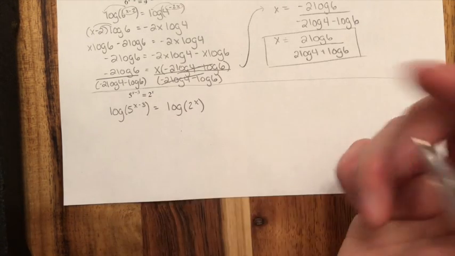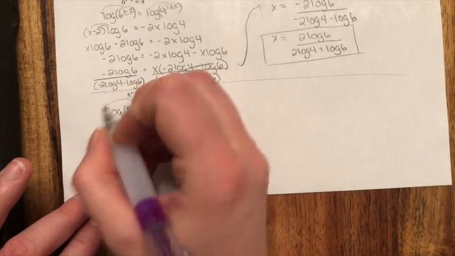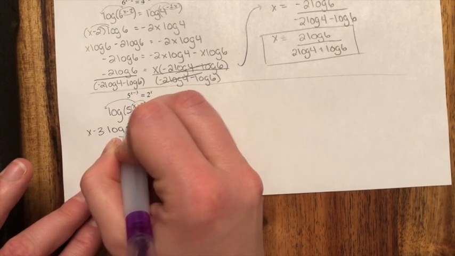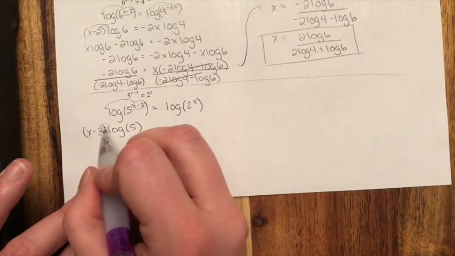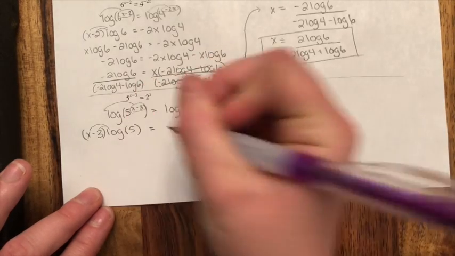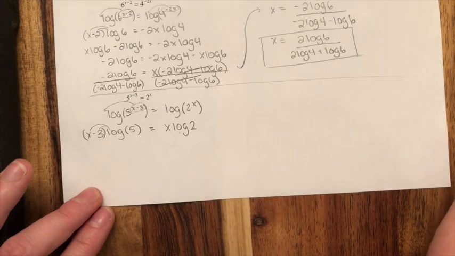What we do to one side, we can do to the other, and then we can apply our log rules. So that x minus 3 is going to come down, and that needs to be in brackets so that both terms get multiplied with the log 5. And then the x is going to come down and multiply that log 2.